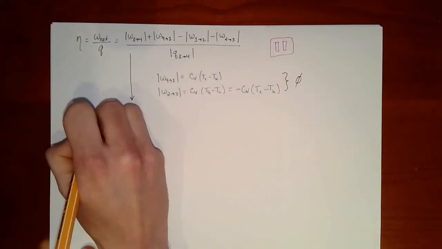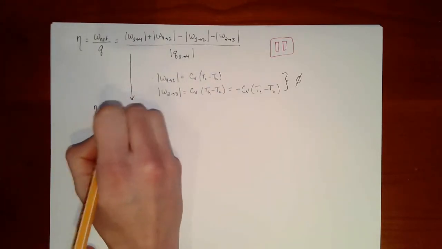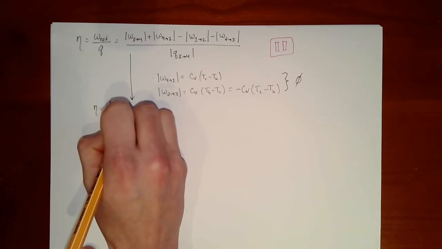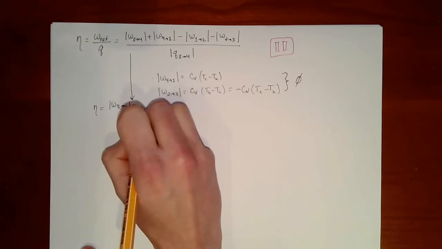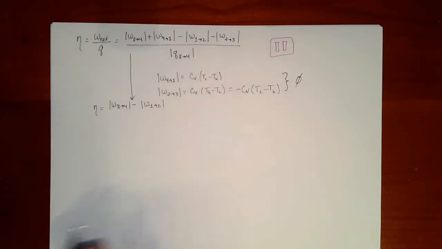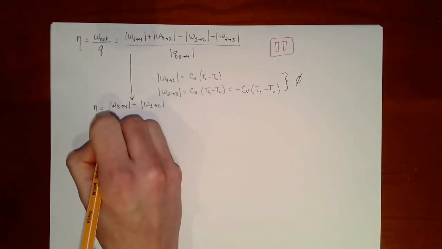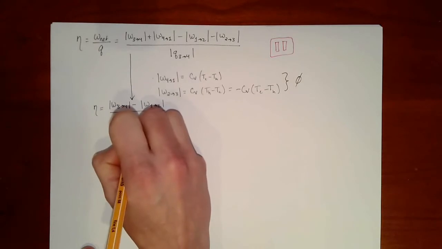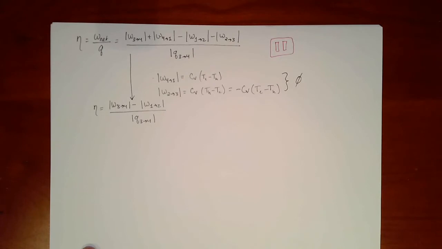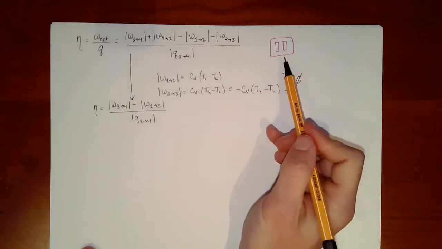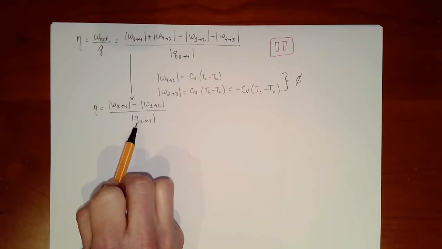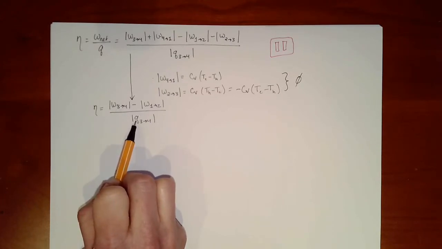So from there, I can write that the efficiency is the work of my 2 isothermal steps divided by the heat input of the hot side isothermal step. You may also recall from your derivations during the pause that these 2 are actually opposite of each other, so they take the opposite sign because the change in internal energy is equal to 0.